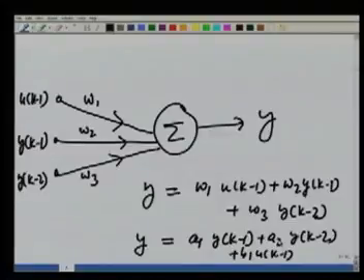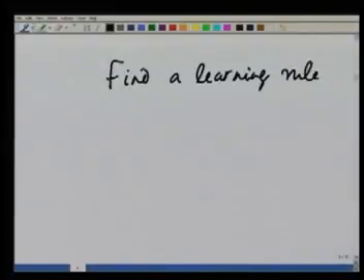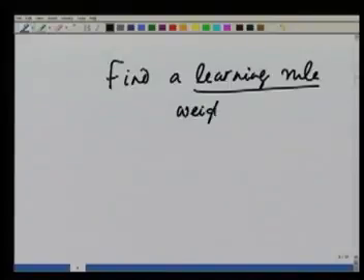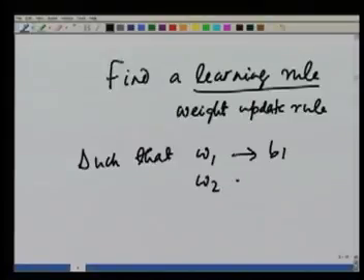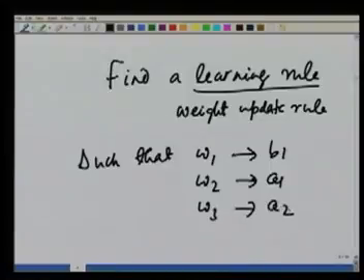So, the objective is to find a learning rule, which you can also call a weight update rule, such that W1 converges to B1, W2 converges to A1 and W3 converges to A2.